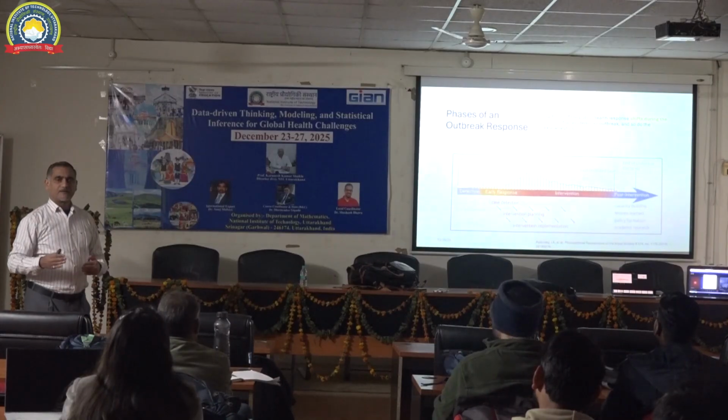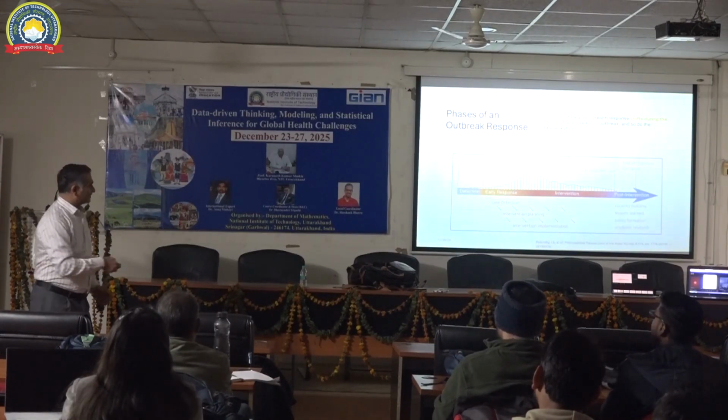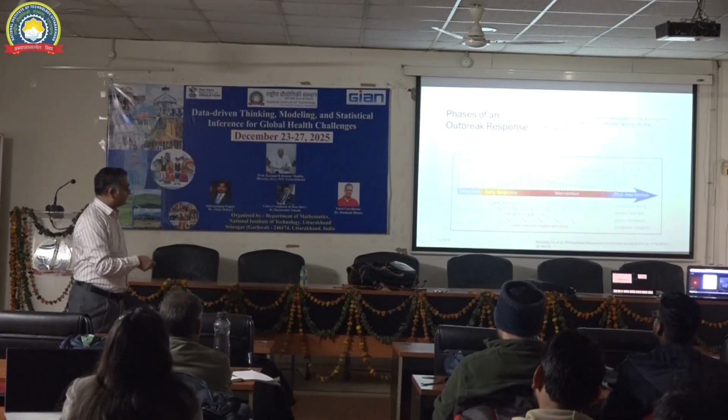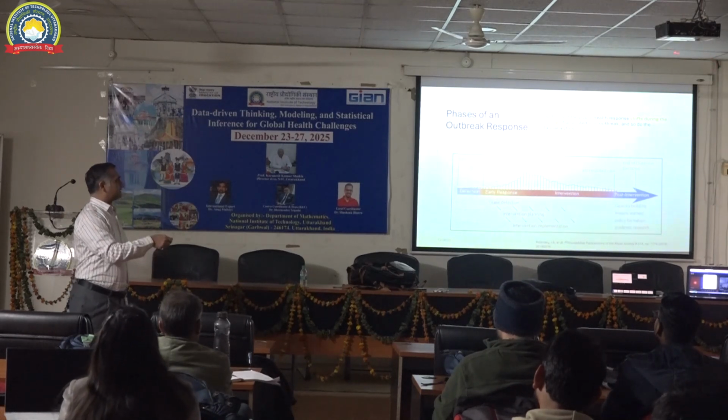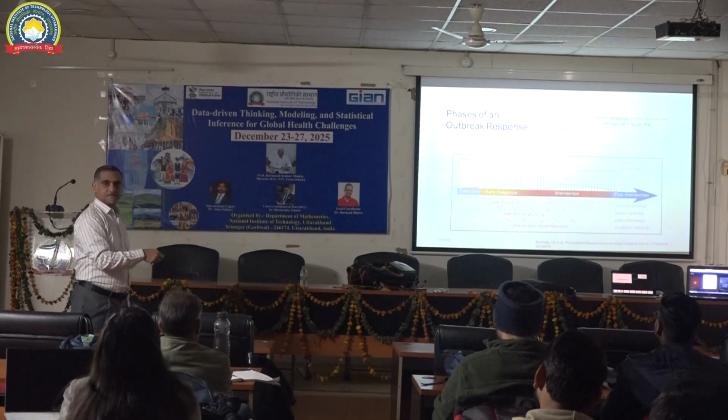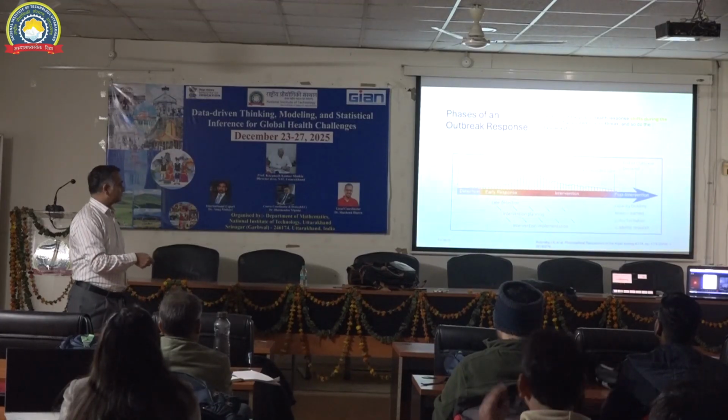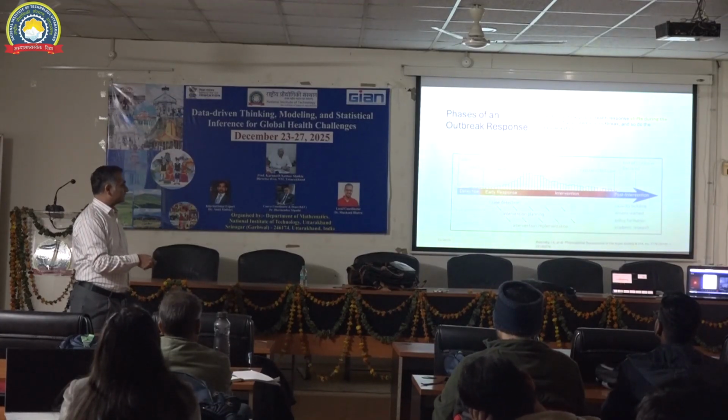So if this outbreak occurs again, what typically happens is that when it goes down, it is considered that it may start again. So you have to plan so that it doesn't pick up again.